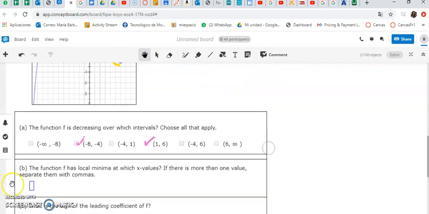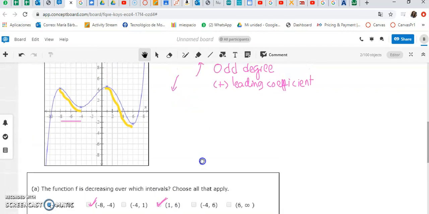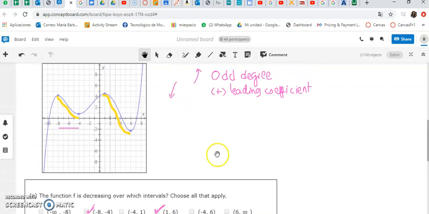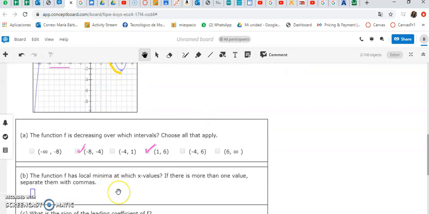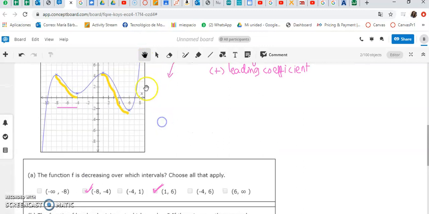It says, B, the function f has local minima at which x values. If there is more than one value, separate them with commas. Okay, let's see in the graph. They are asking us for the minima. Here, minima, okay? So let's look for the minima.